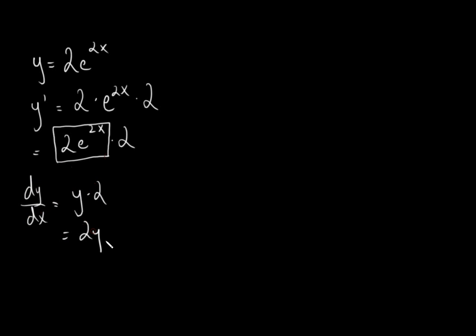or 2y. Now, in this form of this equation, you have a derivative and the function in the same equation. And that's what a differential equation is. So a differential equation is an equation which has y and its derivatives all in the same equation. It relates the function itself to its derivatives.